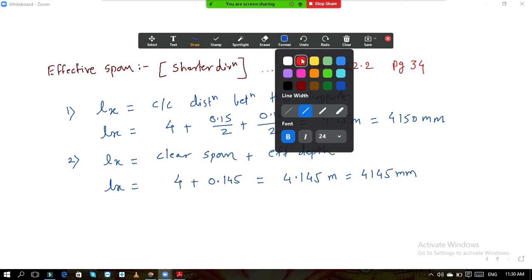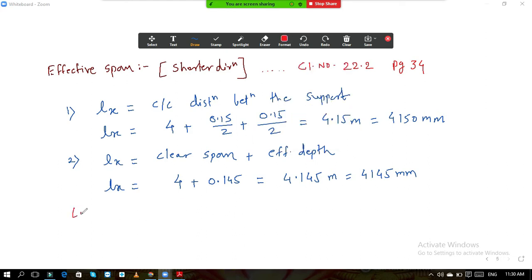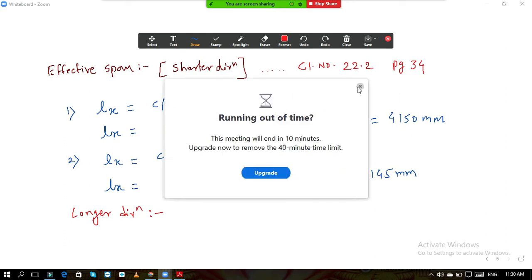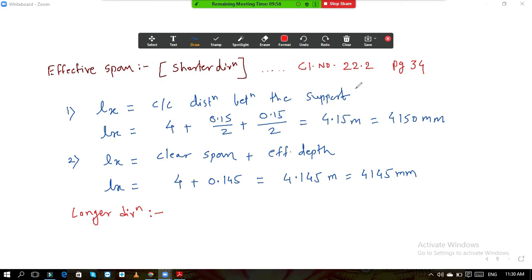Okay, now longer direction. See here, both the directions are the main directions in a two-way slab. That is why we are calculating the effective span along both the directions. Although the effective span along shorter direction is required only for the calculation, still it is the procedure to calculate the effective span along longer direction also.